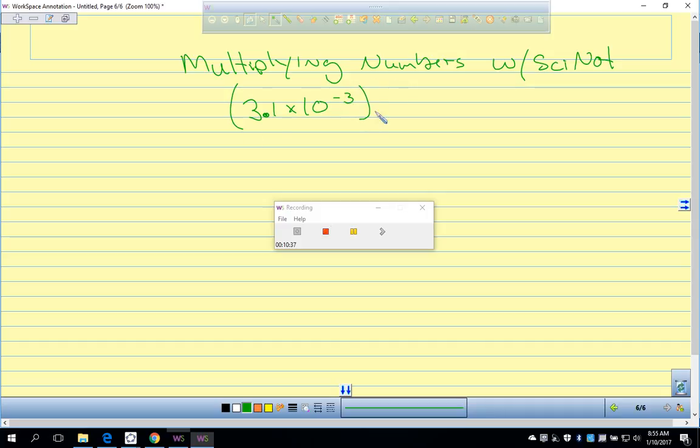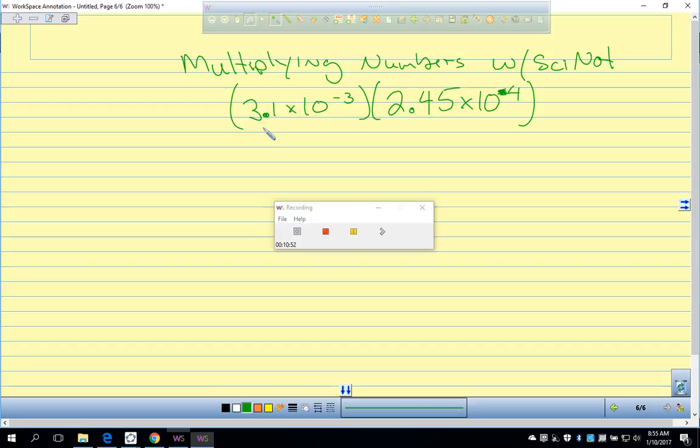You can use calculators for this, but you need to know how to do it by hand as well. I'll show you both how to do it by hand and with the calculator.